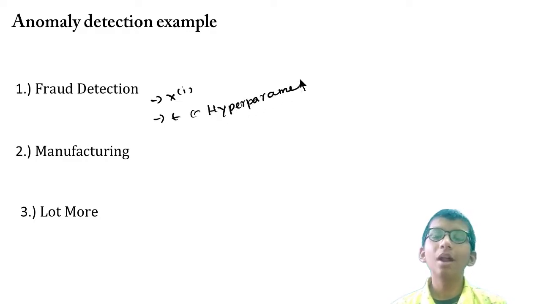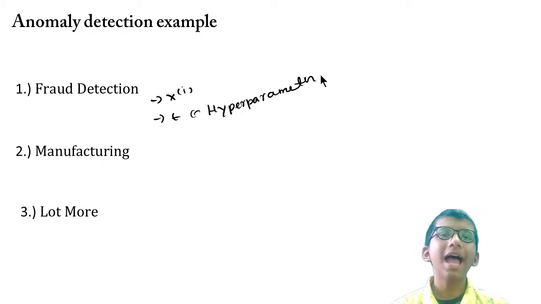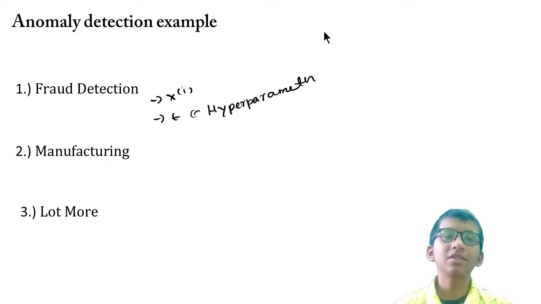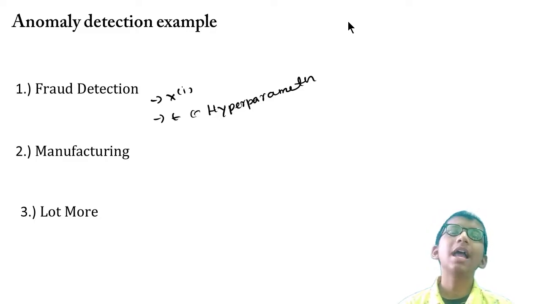We will talk about the difference between a parameter and a hyperparameter, because for simplicity, a hyperparameter is one which we have to tune ourselves. We'll go deep dive into parameters in the deep learning course. The hyperparameter is the parameter which is added and we have to tune it. Okay, and it is also used in manufacturing and a lot more.